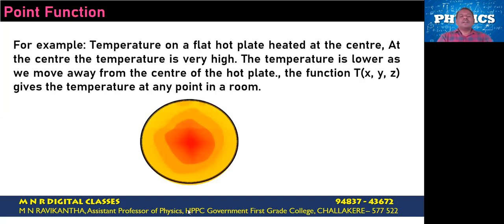Now let us understand the concept of point function with the help of a simple example. Let us consider a heated hot plate. It is a two-dimensional function because we have only x and y coordinates as variables, whereas the z coordinate is constant. Now, if the plate is heated at the center, as shown in the diagram, then the temperature is high at the center.